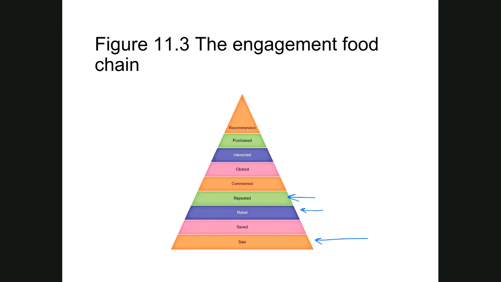Then you move up the chain, you can see they purchased, but then even more important, they spread a little electronic word of mouth. They recommended our restaurant on, let's say, for example, our own social media sites. So it goes from saw to recommended.